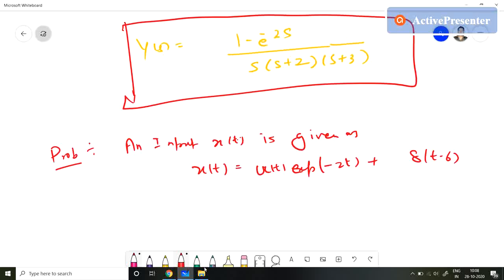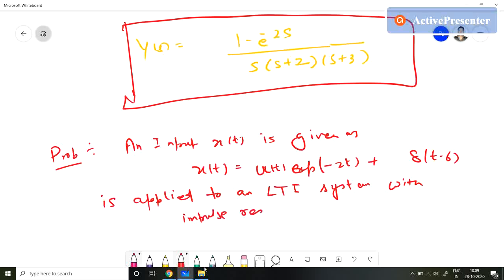The input is given, it is equal to e^(-2t)u(t) plus the delta, and it is applied to an LTI system, that is a linear time invariant system, with impulse response h(t) equal to u(t).